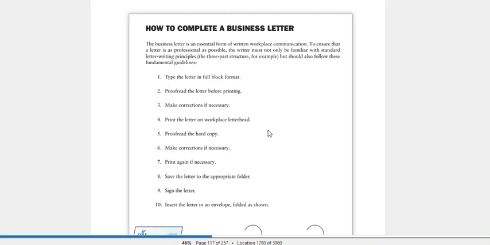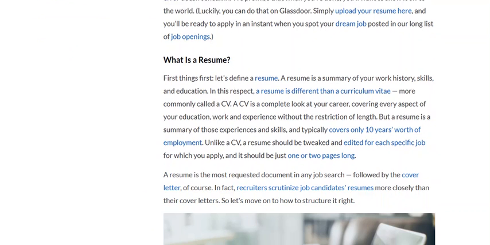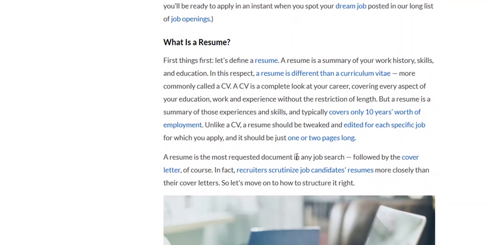So how do you summarize what a resume is? Again, you go back to this website. Do they say what a resume is? Yeah, they do. It's right in the section. What is a resume? Let's define a resume. A resume is a summary of your work history, skills, and education.